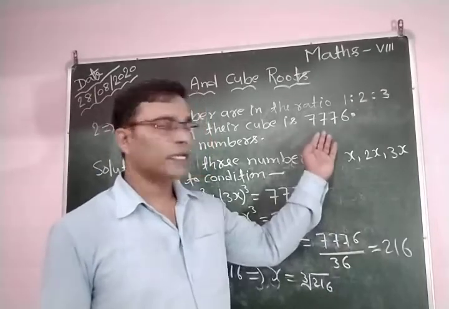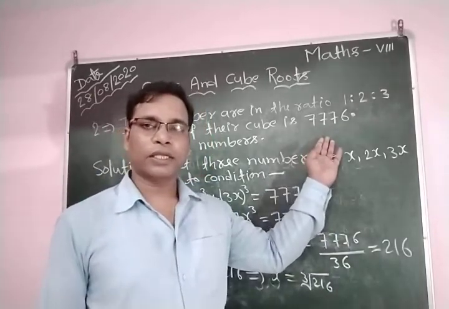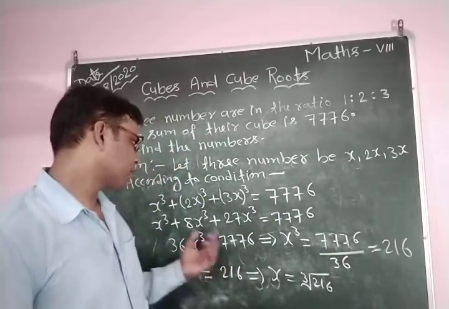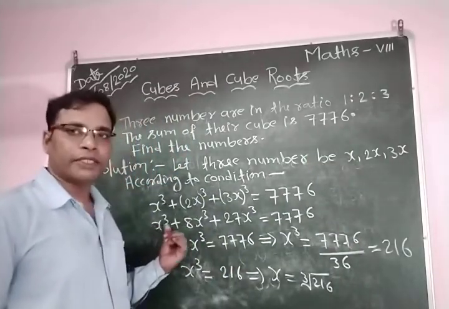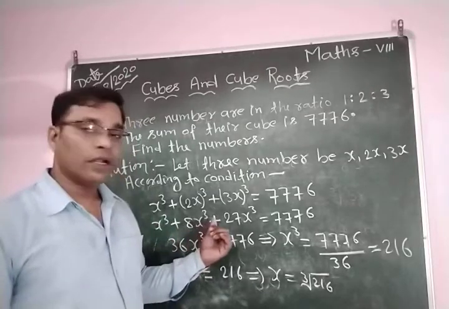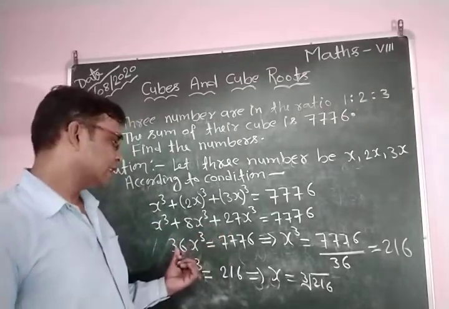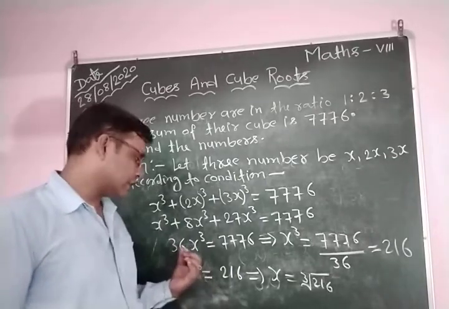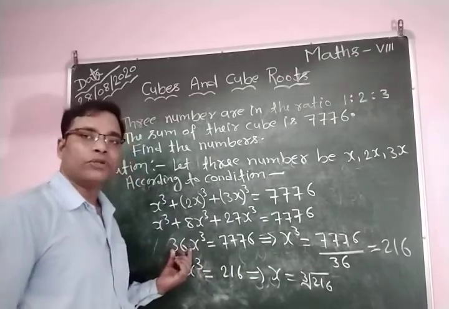This is the given sum of their cubes. In this way the equation is x cube plus 8x cube plus 27x cube, which is equal to 36x cube. Now we transfer this 36 to the right hand side.